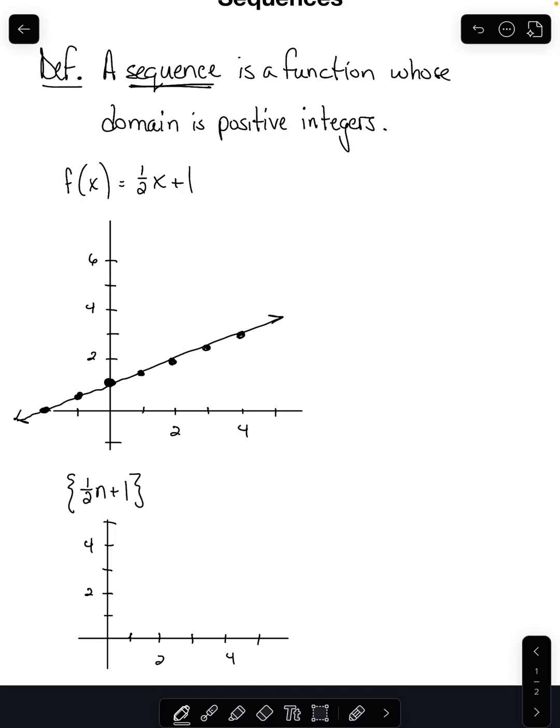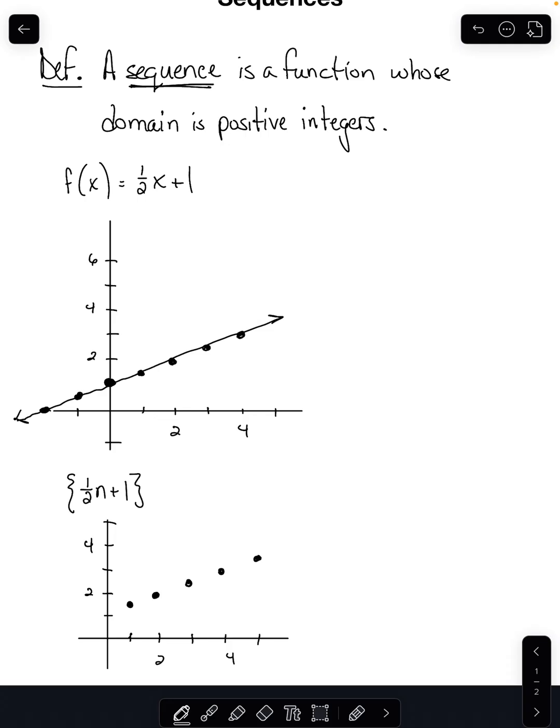But even without the n equals 0, we would have a point when n equals 1, a y value of 3 halves. When n equals 2, a y value of 2. When n equals 3, a y value of 5 halves. When n equals 4, a y value of 3, and so on. And unlike a continuous function, we would not connect this with a line.